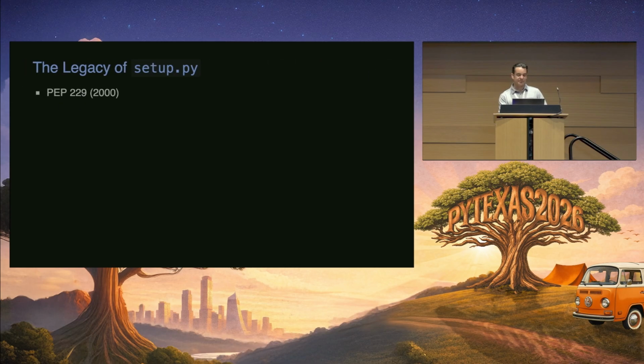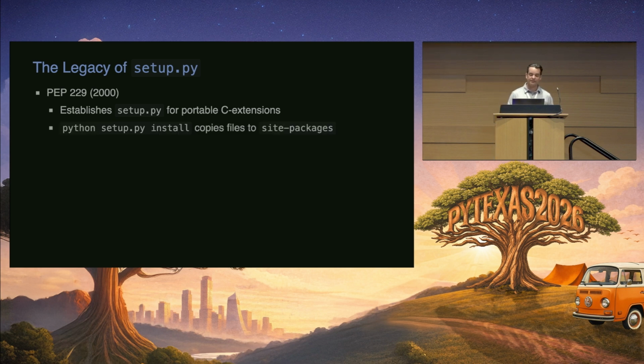So first, setup.py. Setup.py first came around 26 years ago in PEP 229, which established setup.py originally as a way of making C extension compilation more portable, but also brought along the convention of calling python setup.py install as a way of installing a package into the user's site packages.